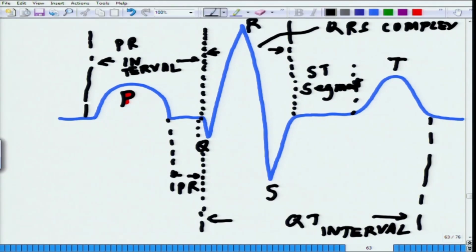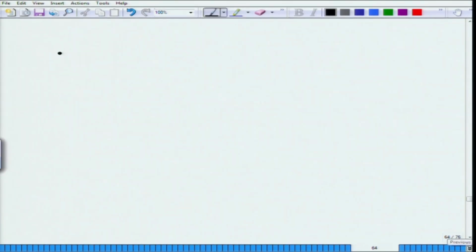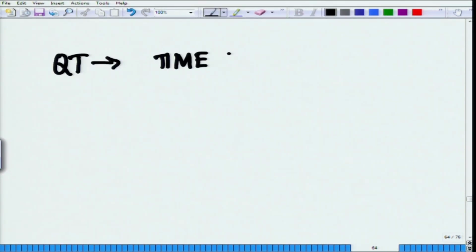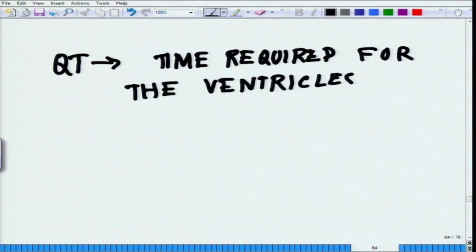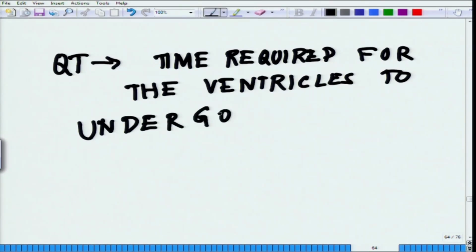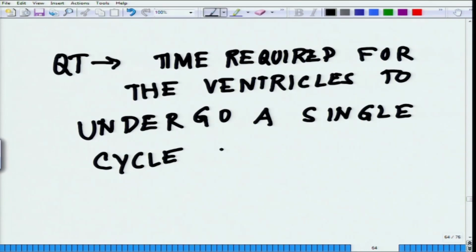So, what exactly the QT interval is: the QT interval is the time required for the ventricles to undergo a single cycle of depolarization and repolarization.